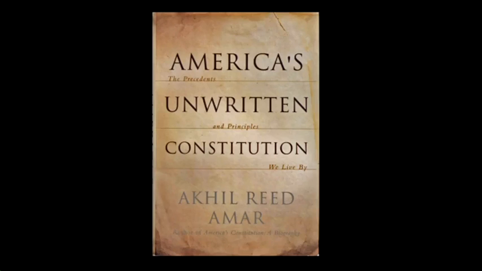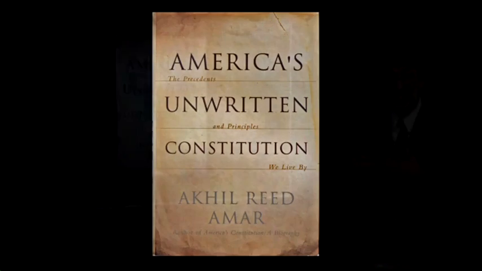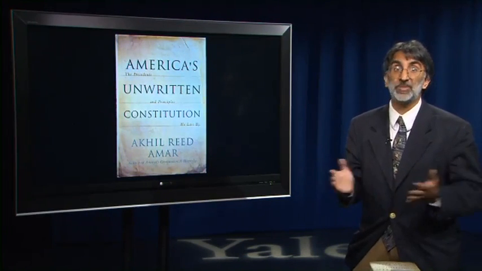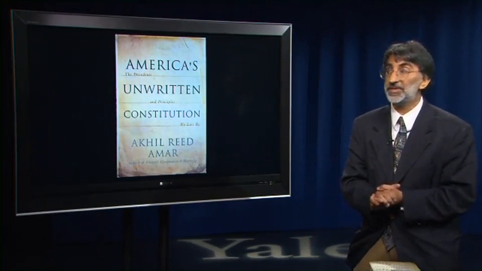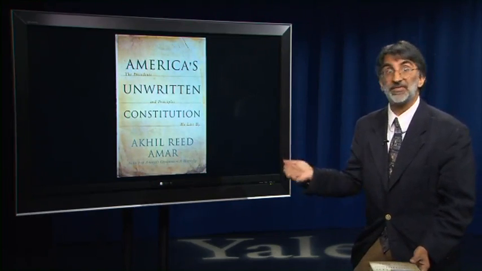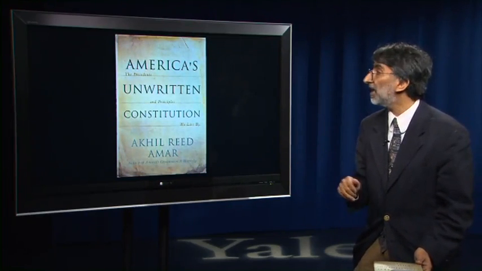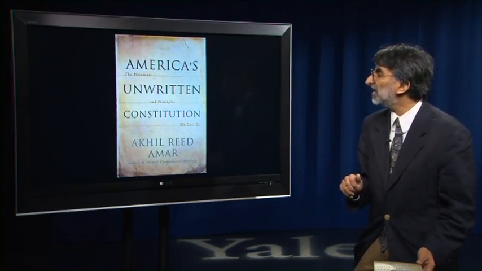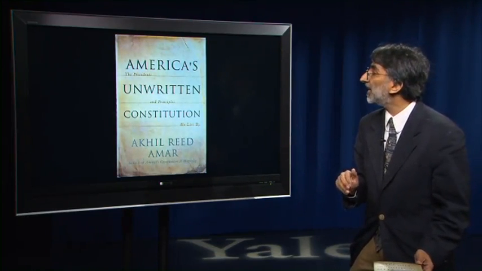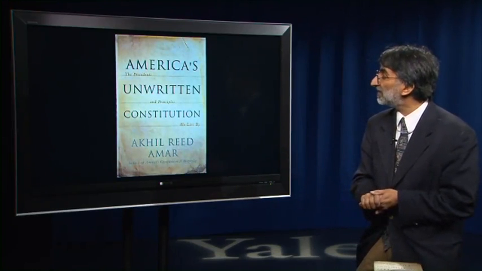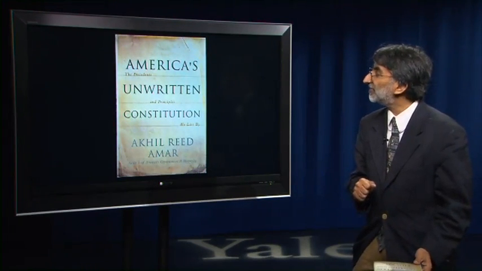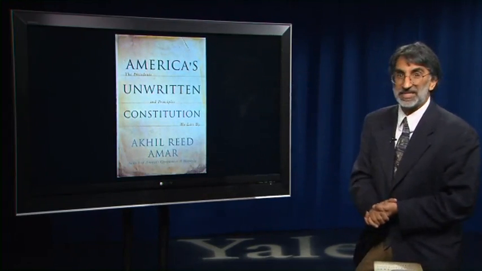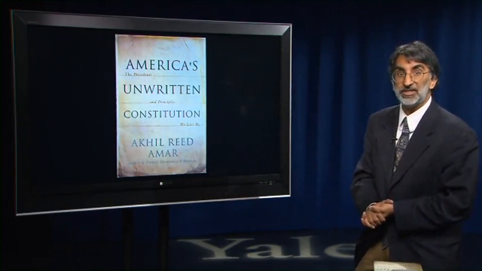It's not required at all, but if you want to get more depth of understanding, because there's only so much we can do in this online experience, I recommend the book. It's available at bookstores and online and in libraries. I think the hardback runs about $20, and I hope it'll be out in paperback soon, maybe even for something like $15. It tells you basically what it's about, America's Unwritten Constitution.